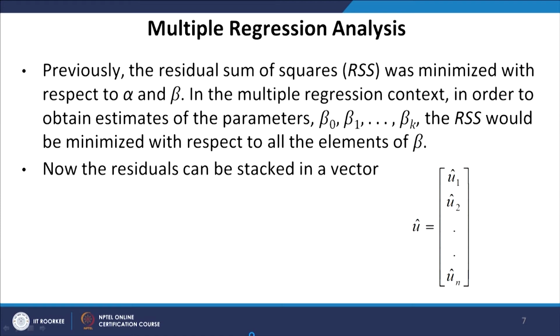Previously the residual sum of squares or RSS was minimized with respect to alpha and beta. In the multiple regression context, in order to obtain estimates of the parameters, that is beta naught, beta 1 to beta k, the residual sum of squares would be minimized with respect to all the elements of beta.